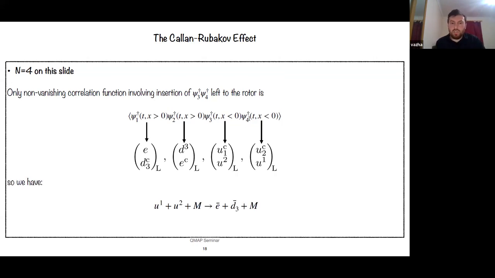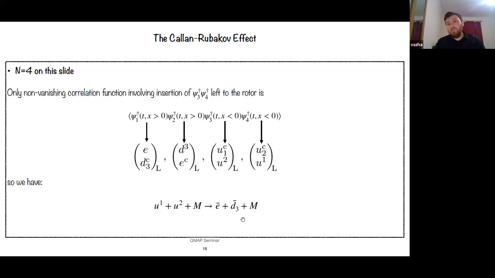Each fermion corresponds to different doublets, and you can read from here that negative means it is a lower component, positive x means it is the upper component. So this really corresponds to the process u1 plus u2 goes to e bar plus d3 bar. And in this way, you can reproduce all of the Callan-Rubakov processes, at least those which do not have the unitarity puzzle.